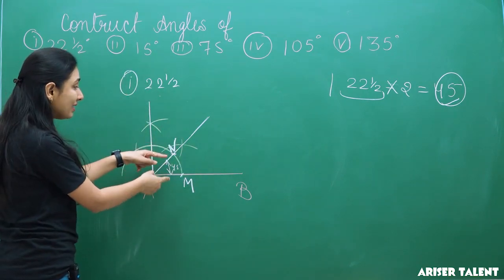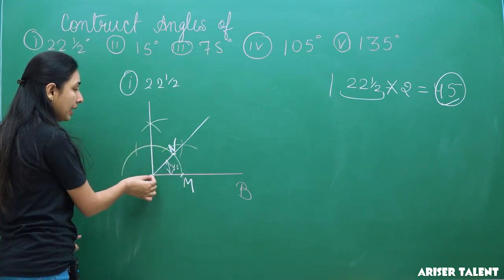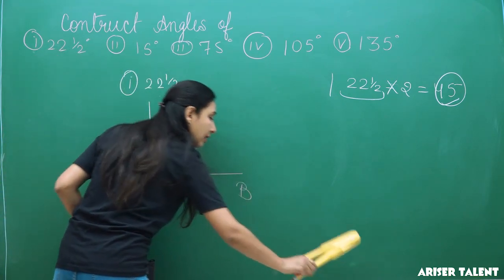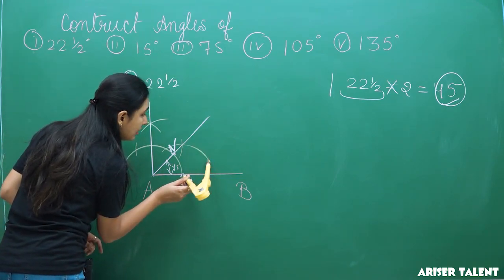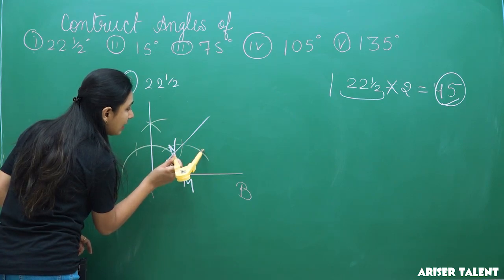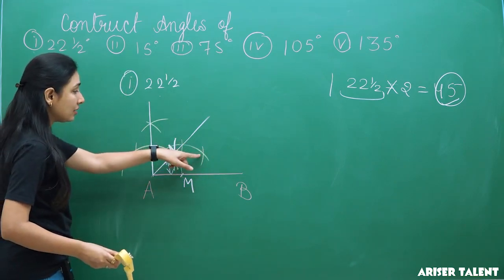Now you have to bisect this angle MAN. How will you bisect it? Again, you'll take some radius and you'll bisect it like this. This is the bisection.